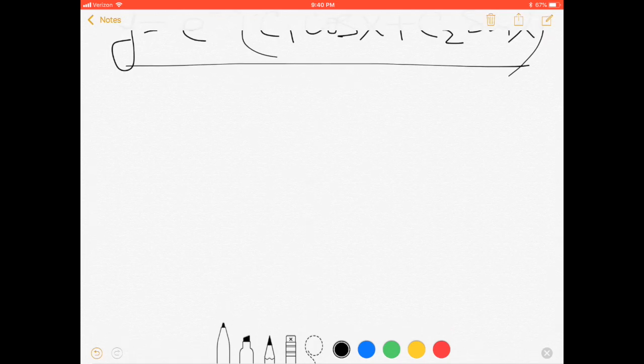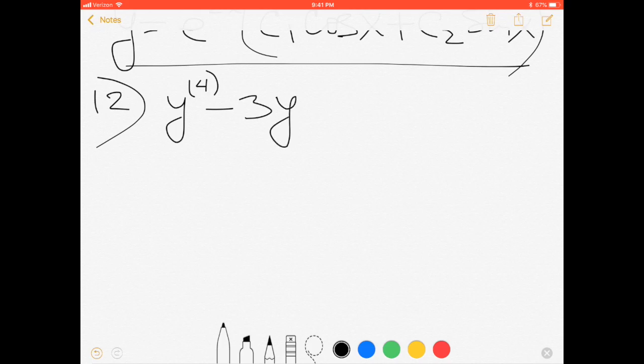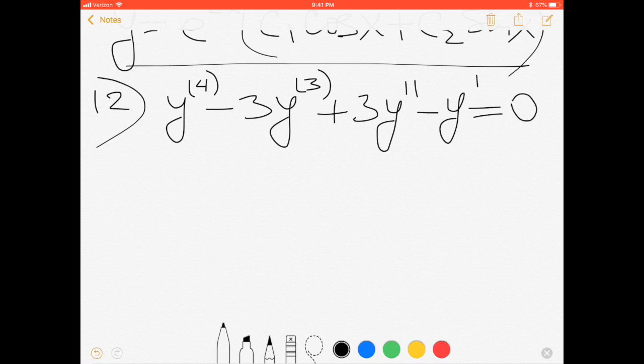Solving a couple of examples, I hope, helps you with your homework. For example, number 12: y fourth order derivative minus 3 times third derivative plus 3y second minus y first equals 0.